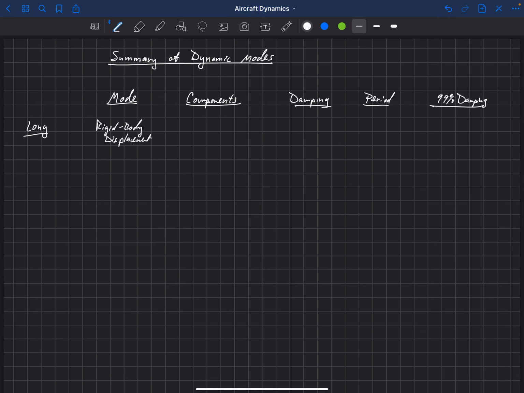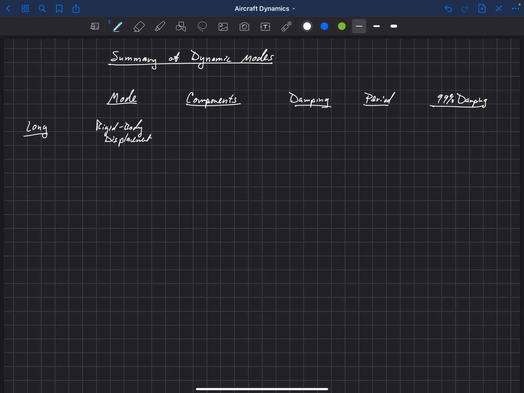Those modes basically came from two components in that set of equations that the solution was independent of: our x location and our altitude, since we weren't accounting for changes in density. We just found that there were two modes that came out as zeros. So the eigenvalues that came out of that were perfectly zero.